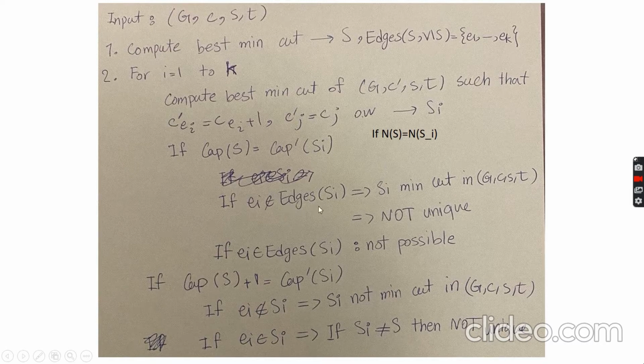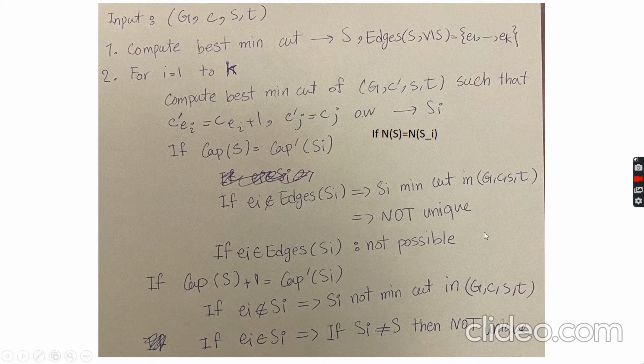Also, Si doesn't contain this edge with the increased capacity, so its capacity in the new graph and the old graph is going to be equal. So Si is a min cut, and because its number of edges is equal to the number of edges of S, that would mean that it's a best min cut. And so S is not the only best min cut of the graph.